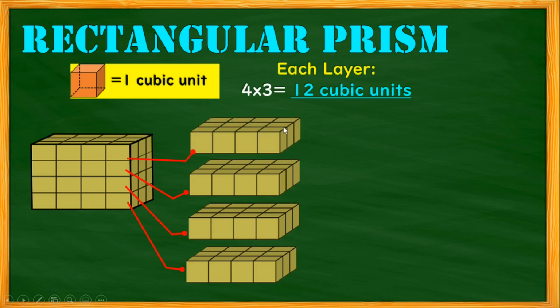So each layer is multiplied: 4 for the length and 3 for the width. So we have 3 times 4, which is equivalent to 12 cubic units. So all in all, we have 12 multiplied by 4. The answer is 48 cubic units.